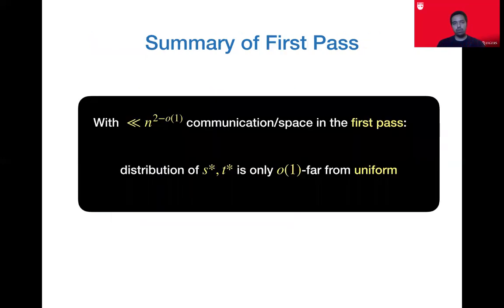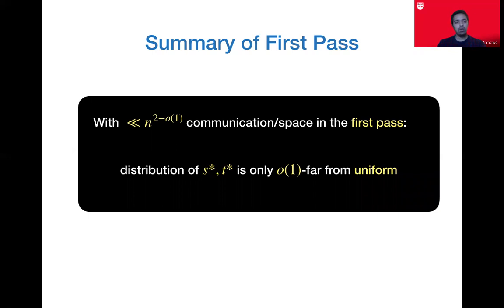After we prove this, it allows us to say that after the first pass, with less than n squared communication, the distributions of S star and T star are going to remain almost the same as if they were uniform to begin with.